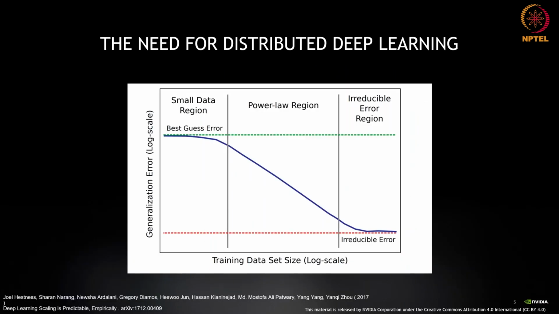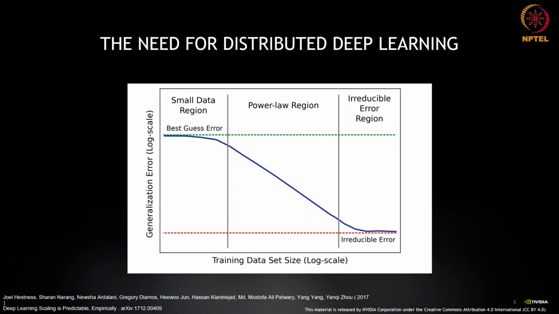So it is estimated that we are currently, what you are seeing here is another representation of the same thing that we are saying. While your x-axis is at the logarithmic scale, the training data set size, your y-axis is the generalization error at the logarithmic scale again.